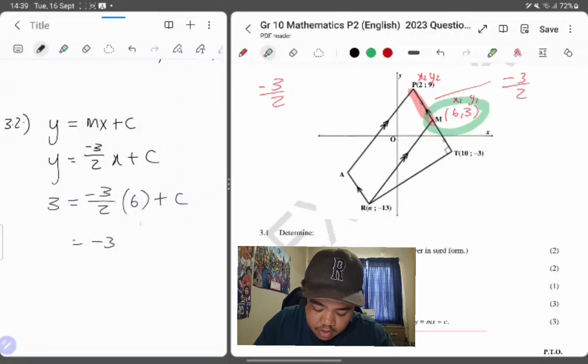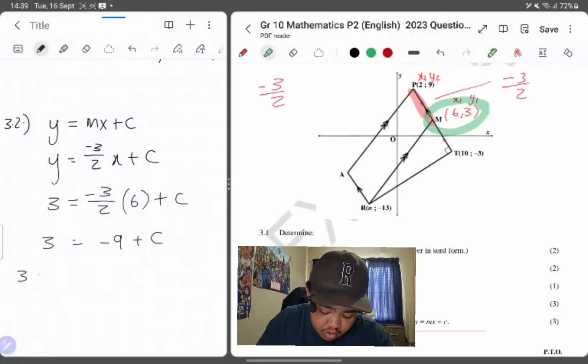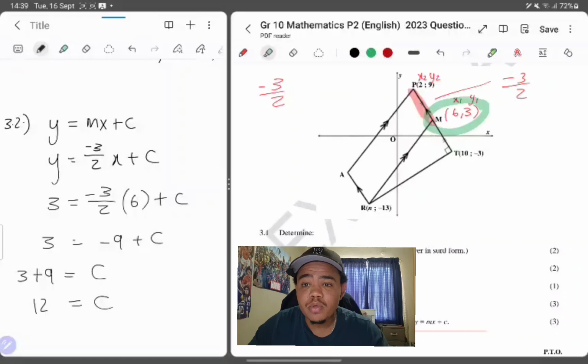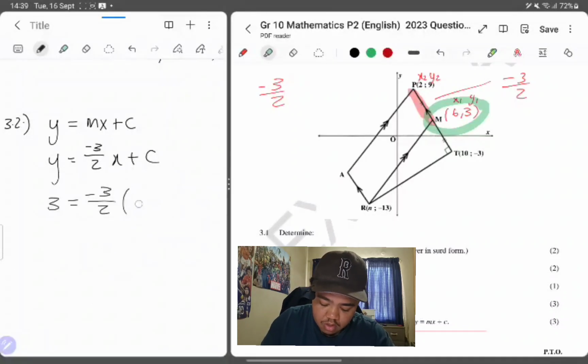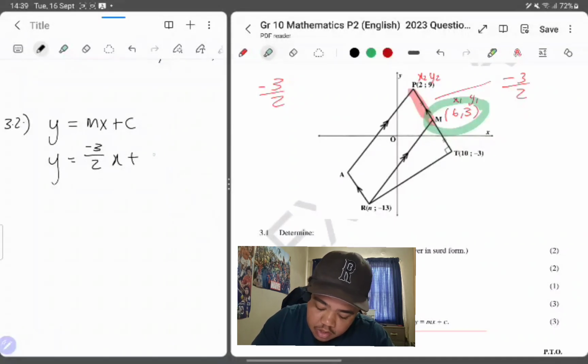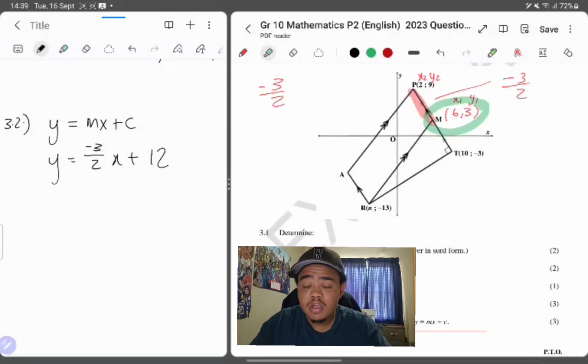So negative 3 times 3 will give you negative 9. Bring over the 3, so 3 plus 9 equals 12. As you can see, you get the same answer, and with that we have worked out the value of c. Cool. Now I can put 12 in place of c, and the question is done.